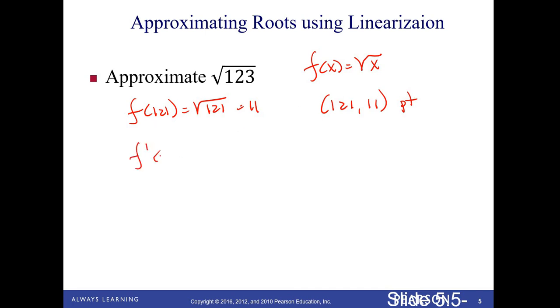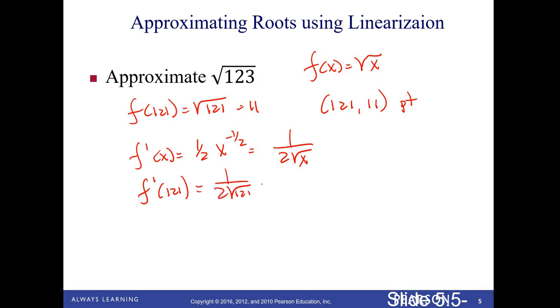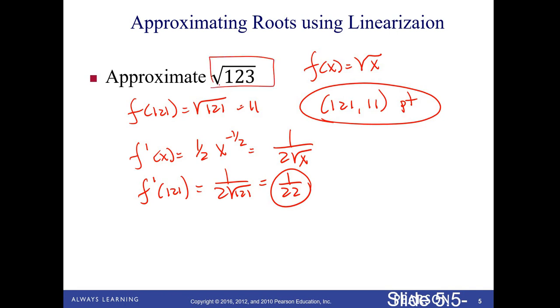So f prime of x is 1/2 x to the negative 1/2, or 1 over 2 root x. So the slope at 121, my point of tangency, is 1 over 2 root 121, which is 1 over 22. So there's my slope, and there's my point at the point of tangency for the square root of 121. I can use that then to approximate the square root of 123 because it is very close.